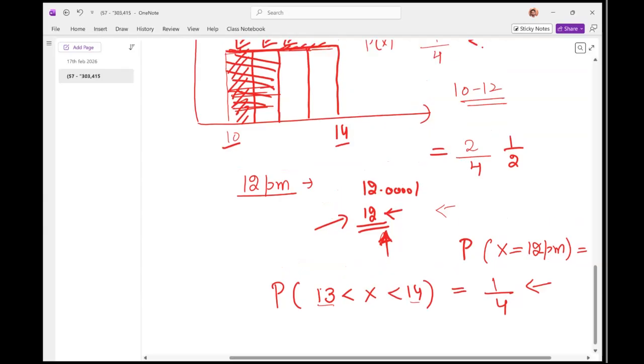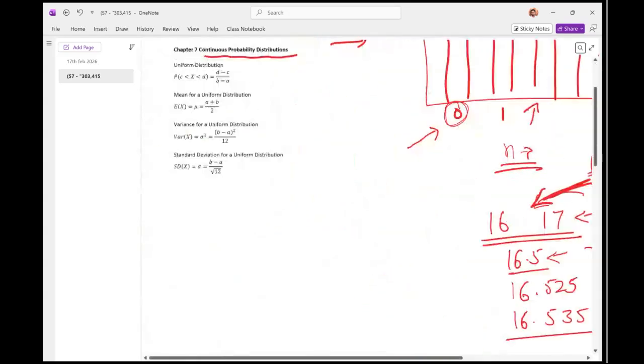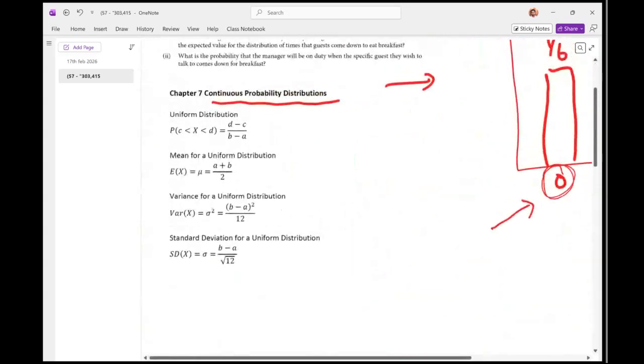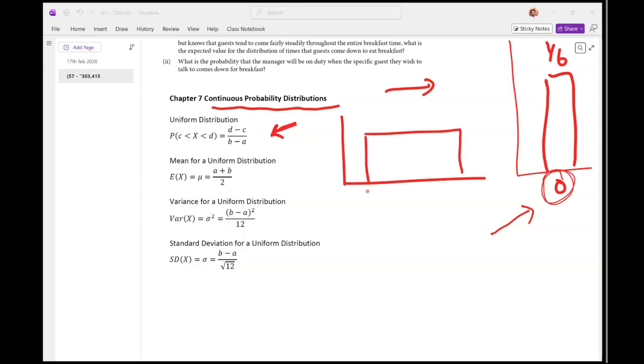Now, there are certain formulas which I encourage you to look into in your formula booklet. This is the formula for the uniform probability distribution. How does this formula work? If this is the uniform distribution, I will place A, B on the bottom side, and C, D is the section on which we are looking for the value.